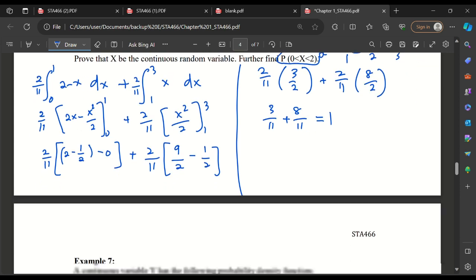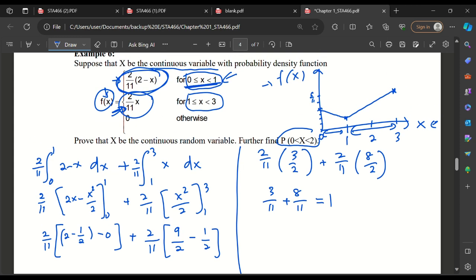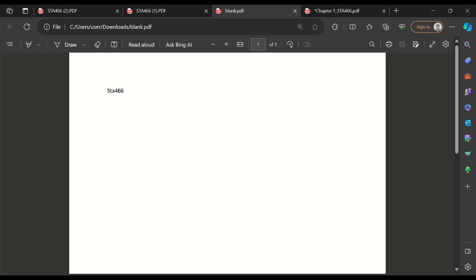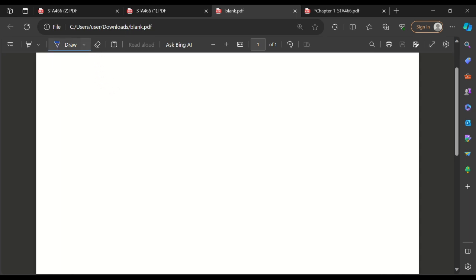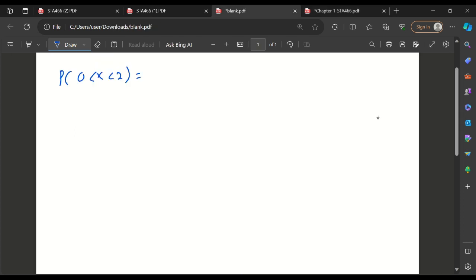So, our constant, okay, we want to find the probability of x from 0 to 2, right? Okay, from 0 to 2. So from 0 to 2, you have to integrate the function. From where to where? 0 to 2. Okay, which function do we integrate?